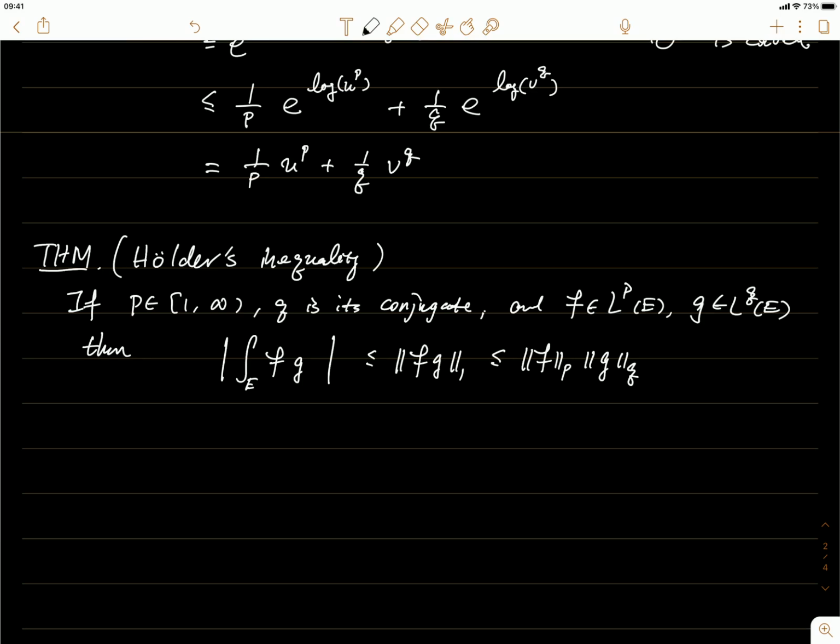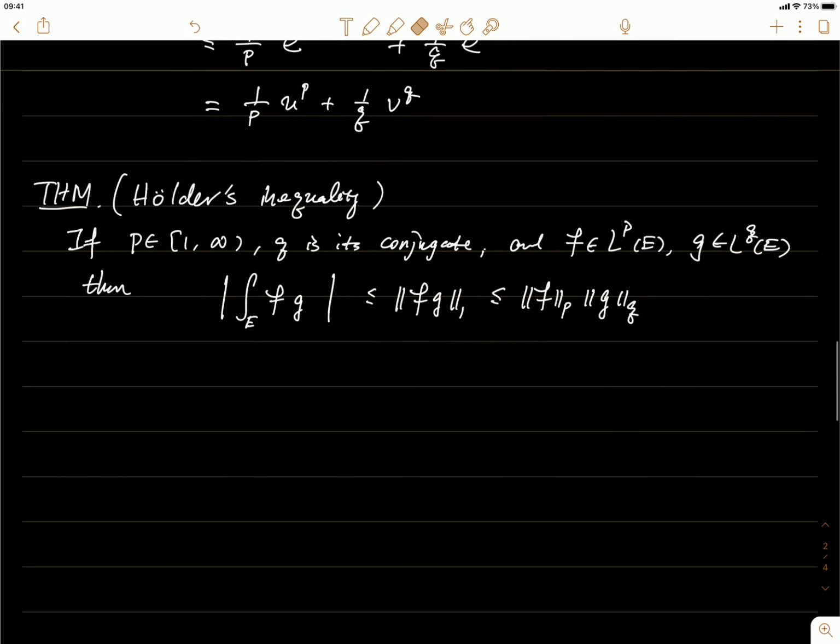Okay. The first inequality is trivial. It's just because this is equal to the integral of f times g, and we moved the absolute value to the integrand, so that's why we have the first inequality. So that's trivial. For the second inequality, this is what Holder's inequality actually shows.